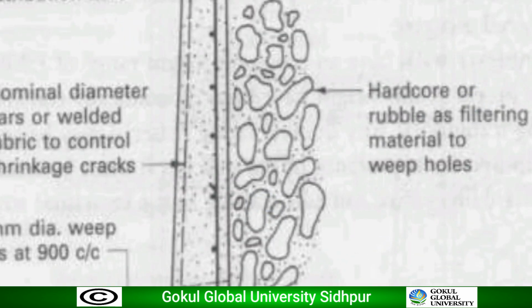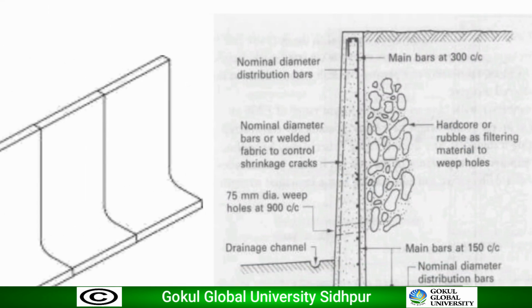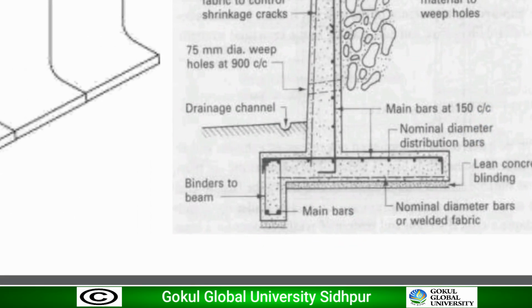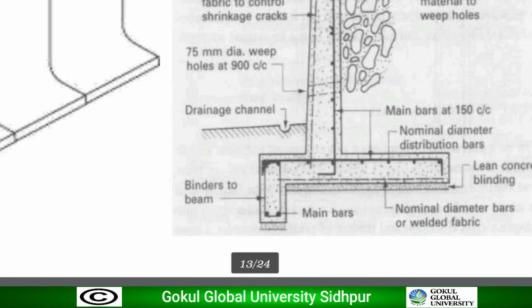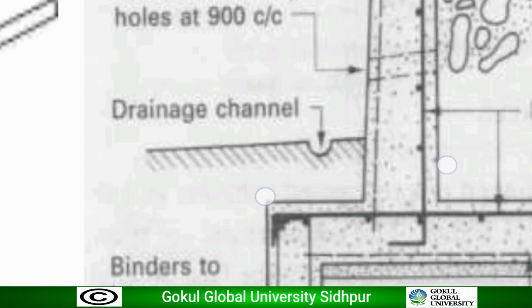These are the hand core or rubber as filtering material for weep holes. Generally, rubber material is used to drain out water easily. Main reinforcements are provided, and these are the drainage channels to drain out the water during rainy season.